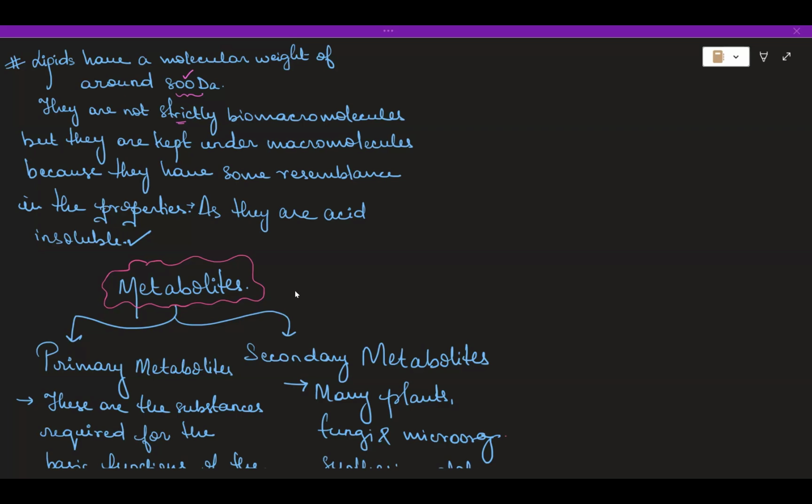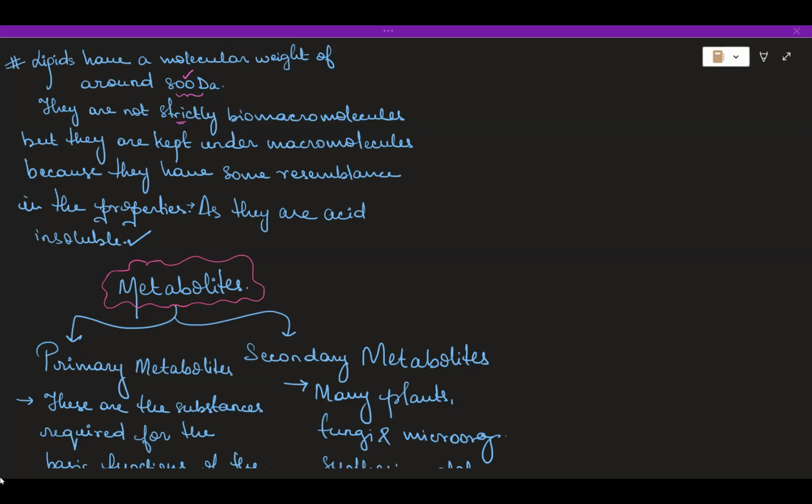Excuse me, ma'am. Can you explain what metabolites are? See, metabolites are the molecules produced as an intermediate of any kind of metabolism process, meaning the result of metabolism is a metabolite.